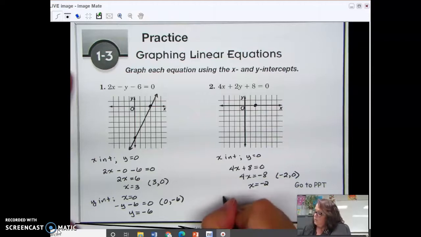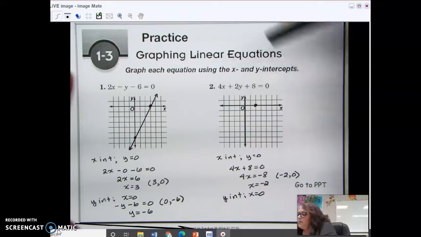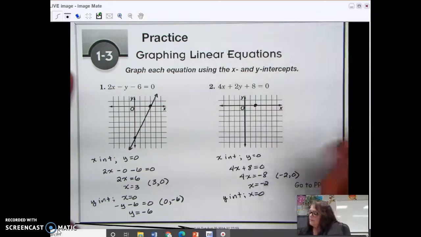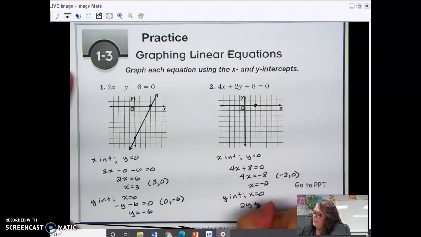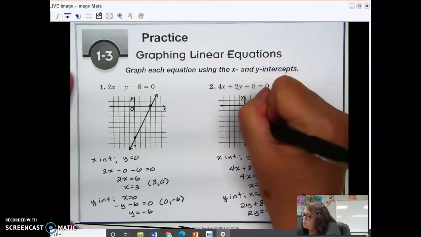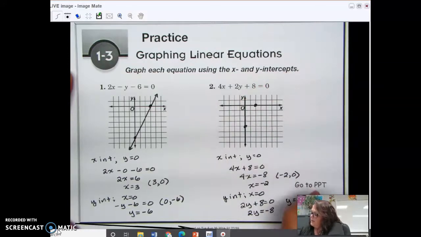Then for my y-intercept, my x is equal to 0, so I would cover up my 4x, and I get 2y plus 8 is equal to 0, which makes 2y equal to negative 8, and that makes y equal to negative 4. 1, 2, 3, 4. So I have a y-intercept at 0, negative 4.